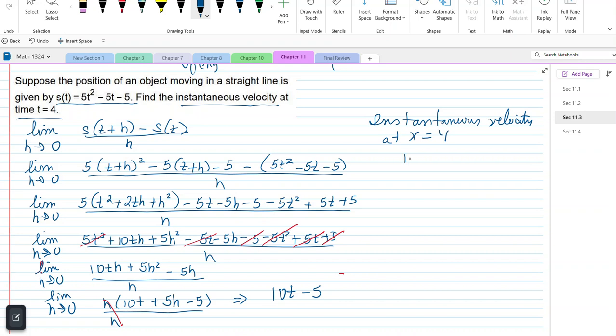So I'm going to have 10 times the 4 minus the 5. 40 minus the 5, 35 is our rate of change, our velocity rather, at that point. Stop right there and let you digest what we've done.